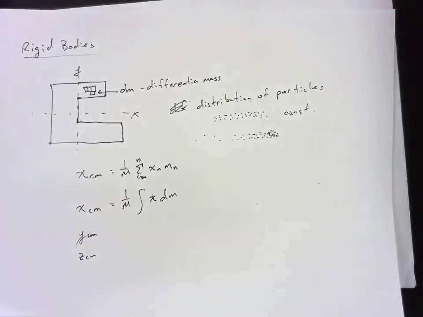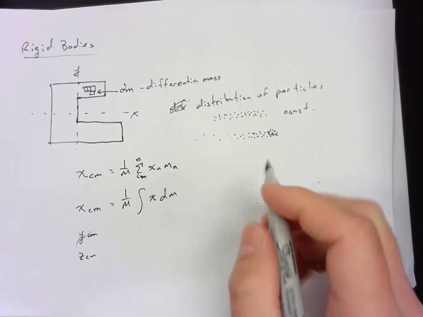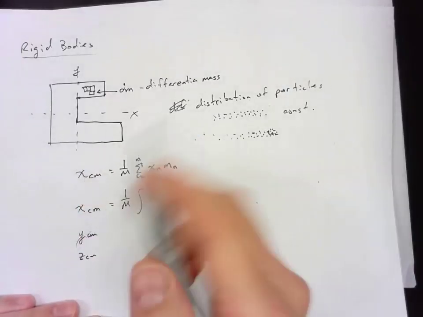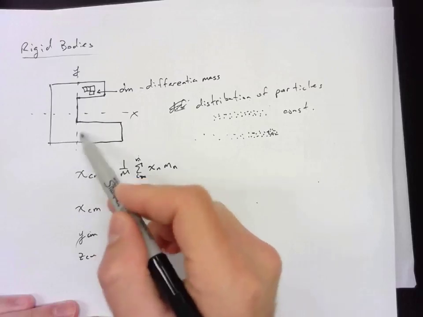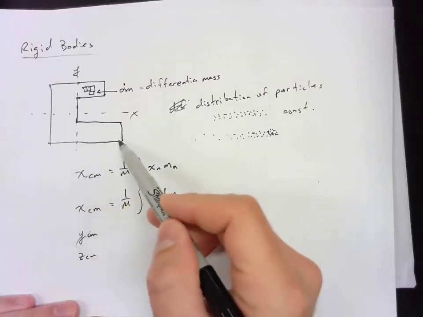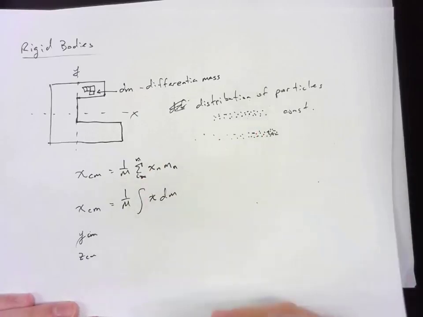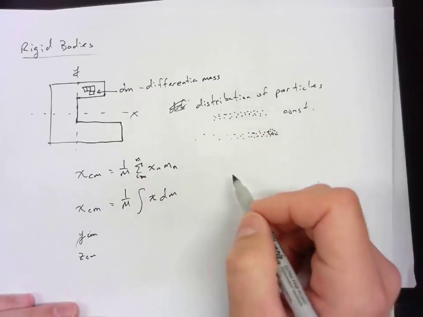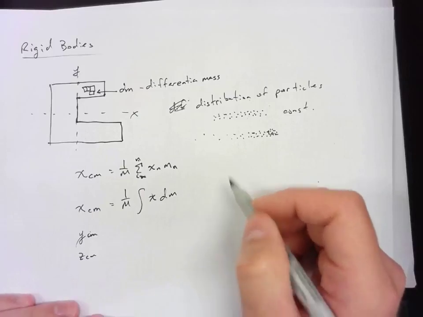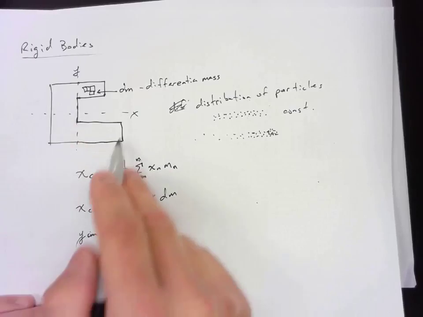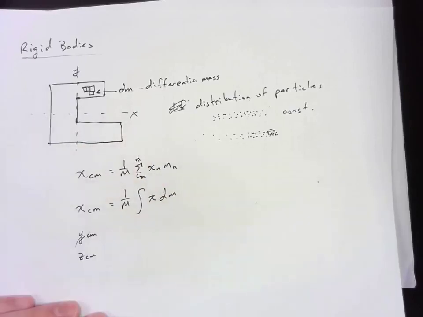And in order to do that, we're going to look at the density, all right? So if we have a constant distribution of mass within a certain space, it means it has a constant volume or area distribution. So for this specific shape, it's a two-dimensional plate.